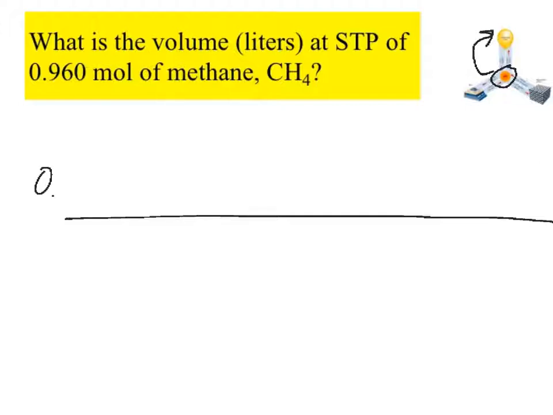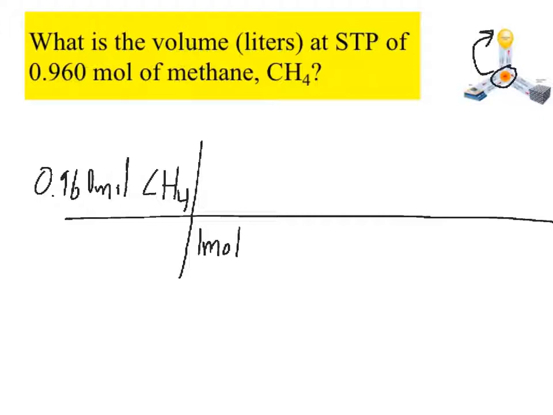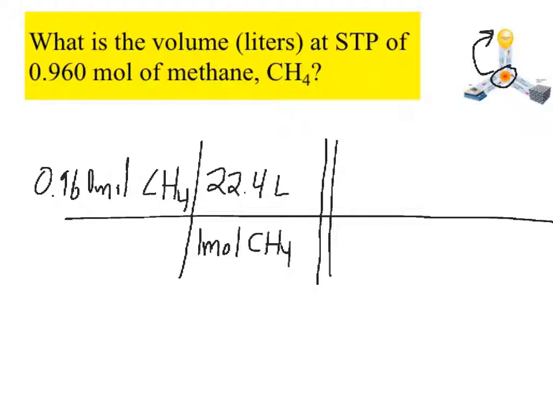We're going to start with 0.960 moles of methane, CH4, and we are going to move from moles into liters of gas. So the conversion factor here, for every 1 mole of CH4, that gas is going to occupy 22.4 liters of space. And that is going to finish us out.